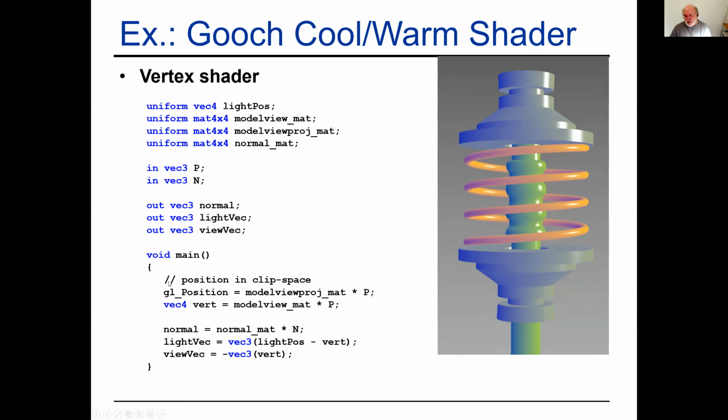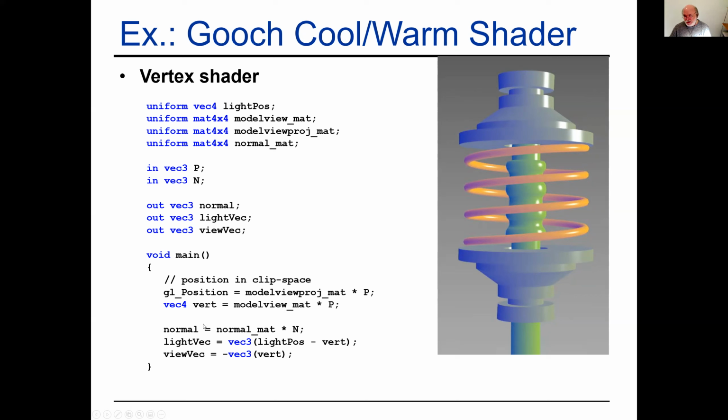The first thing we are doing in this vertex shader is computing the gl_Position. Remember, that was the output from the vertex shader. We do this by applying the model view projection matrix to the position of the vertex. We're also computing the position in view space, camera space, so we compute this vert variable by applying the model view, but not adding the projection to it.